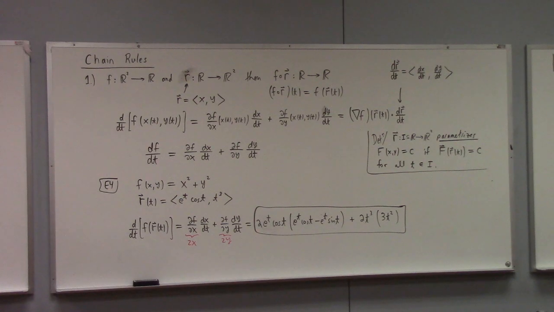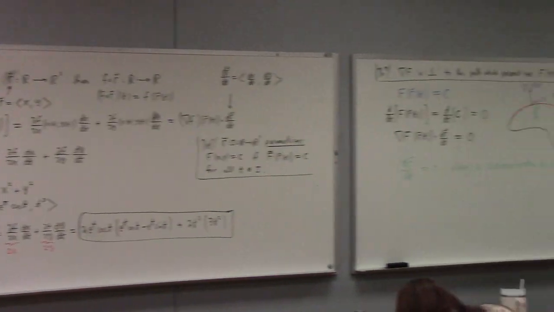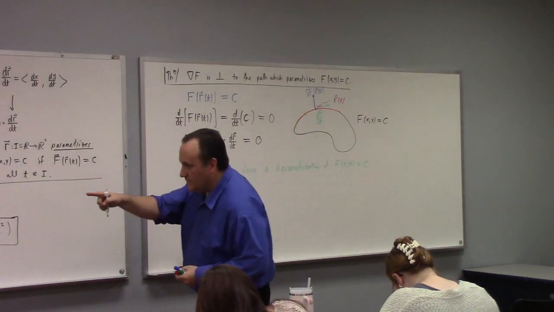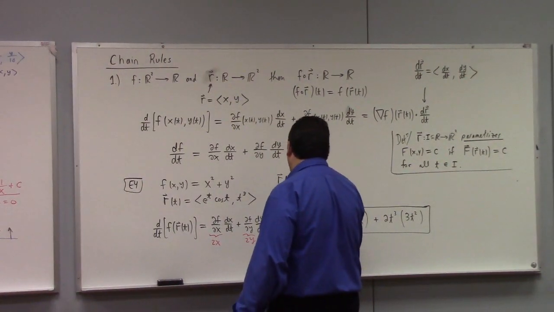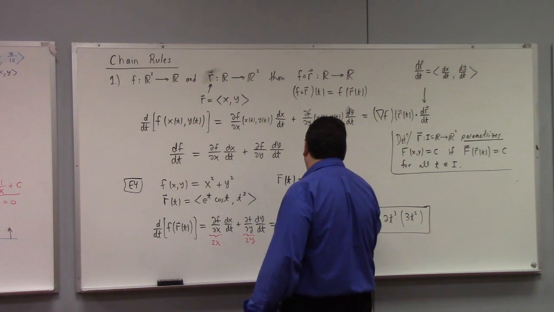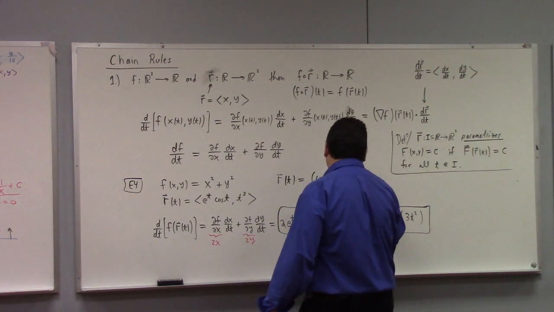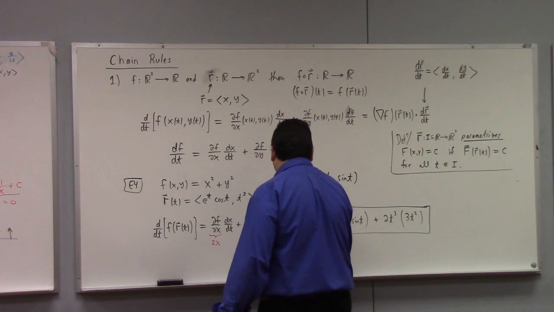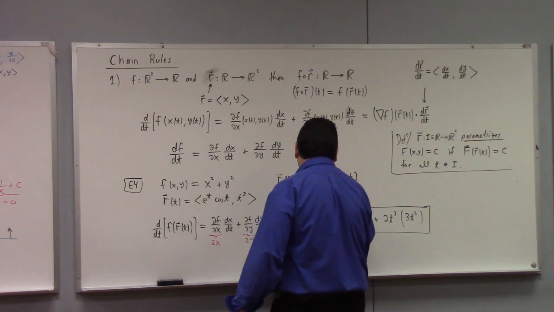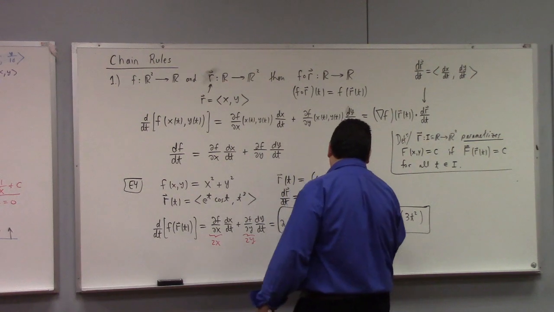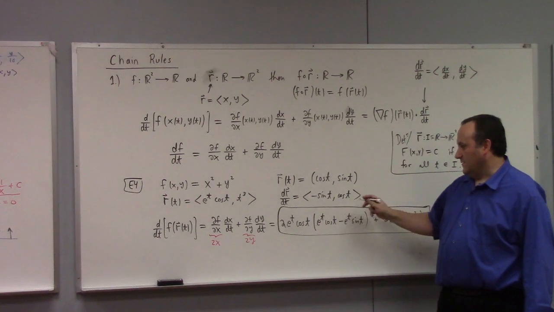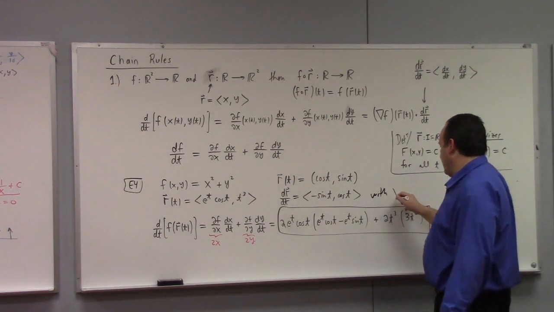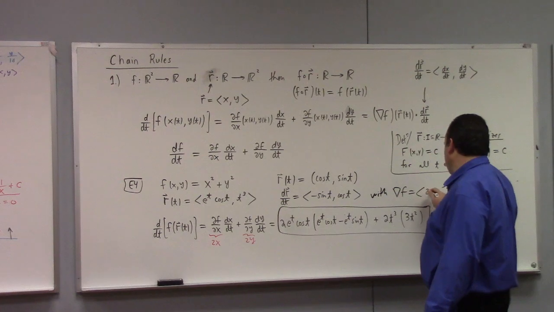So the reason that wasn't 0 is because that was not a parameterization of a circle. To example 4, this one: if I instead have looked at what's the parameterization of this circle, how about cos t, sine t? And so what's dr dt then? Minus sine t, cos t. And what happens when you take the dot product of this with the gradient of f, which is 2x, 2y?